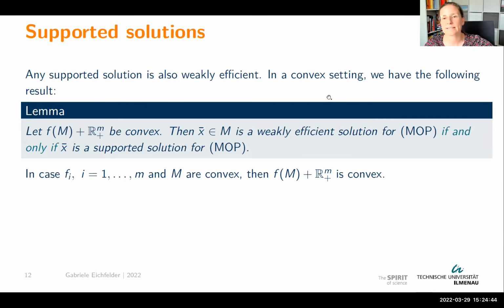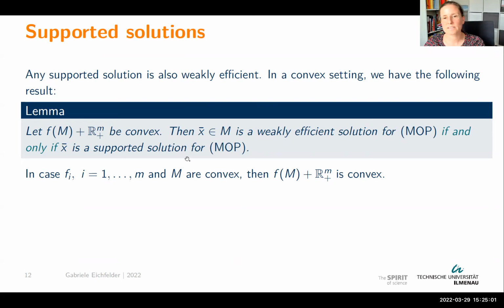The problem is the other way around. You also want to have that any weakly efficient solution is a supported solution, but this is only true in a convex setting. So only if you have some nice convexity do you have that any weakly efficient solution is a supported solution.